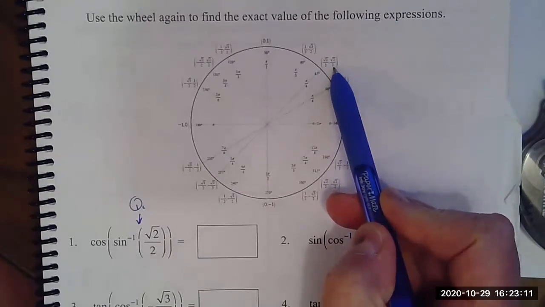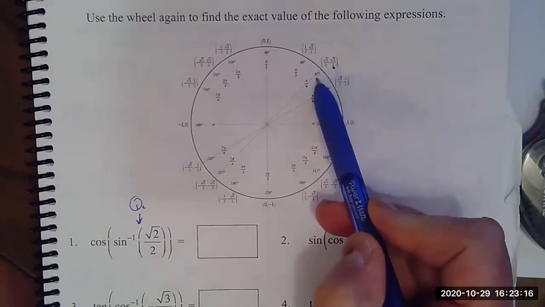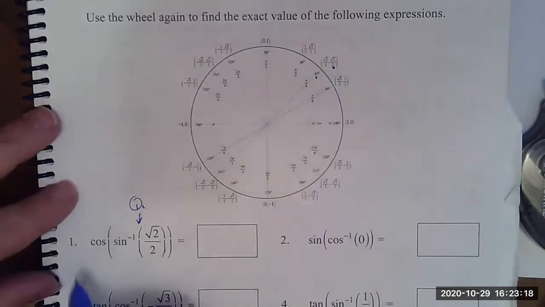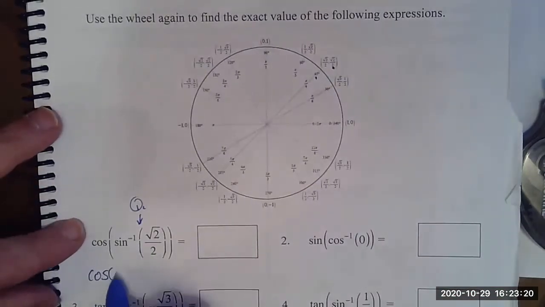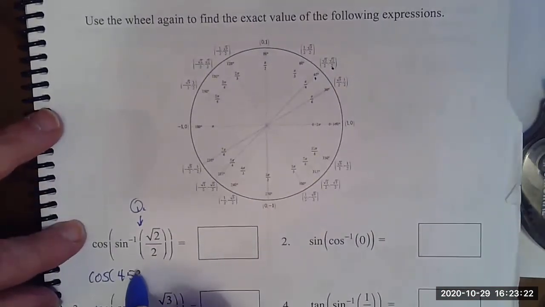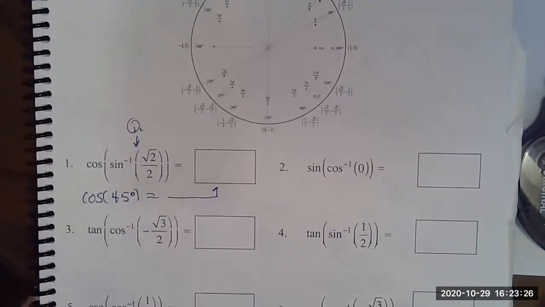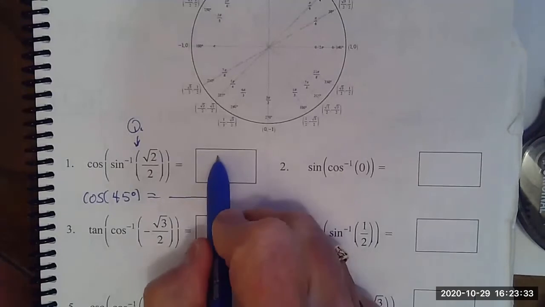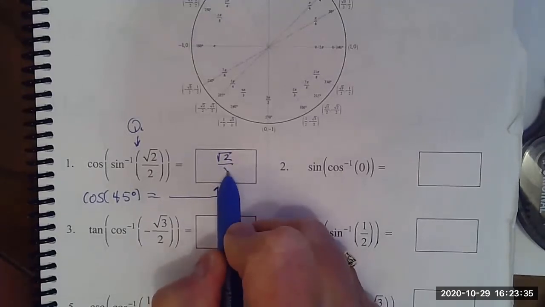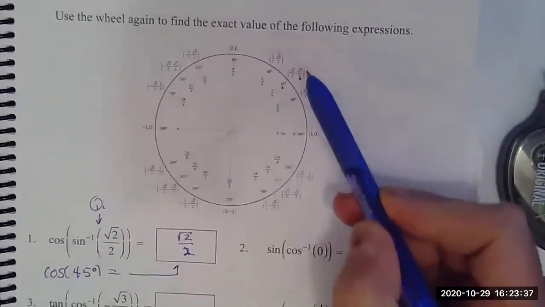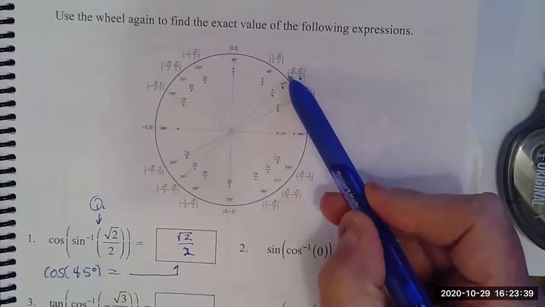So the angle it's speaking about is 45 degrees, and this can be replaced with 45 degrees. Now I've got a modified problem: the cosine of 45 degrees is the √2/2, which is right here. Yes, its cosine is the x value.